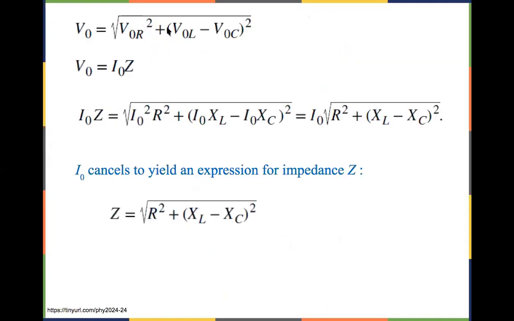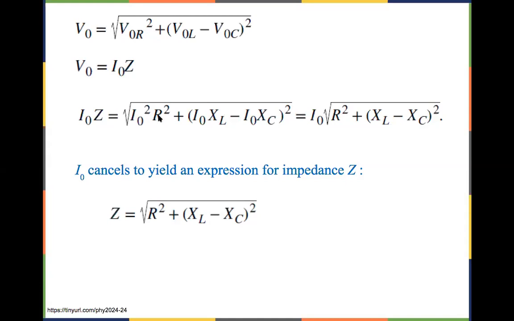If this is the voltage, then the voltage should be equal to I0 times Z, okay? So you can equate the two, putting them equal to each other. I0 Z is equal to, for the resistor, the voltage I0 times R, for the inductor I0 times XL, and for the capacitor I0 times XC, okay?